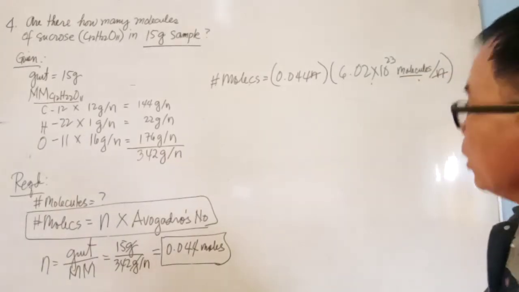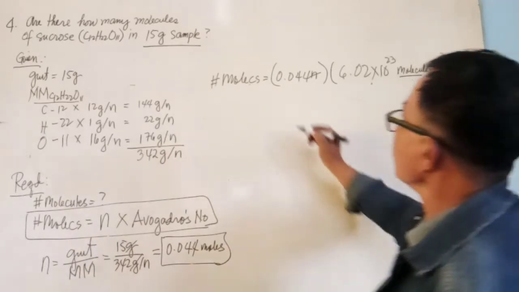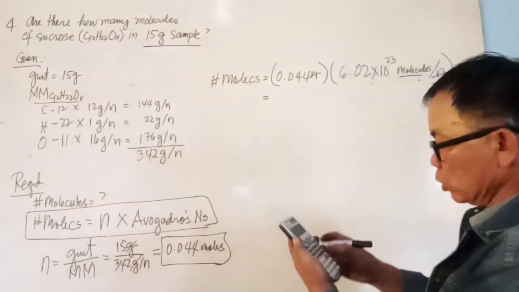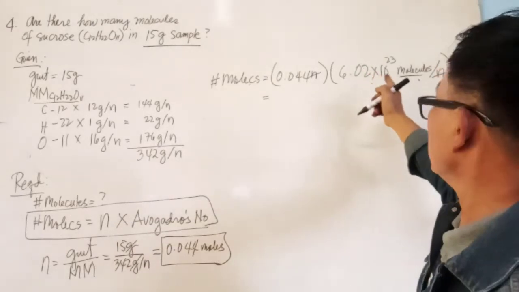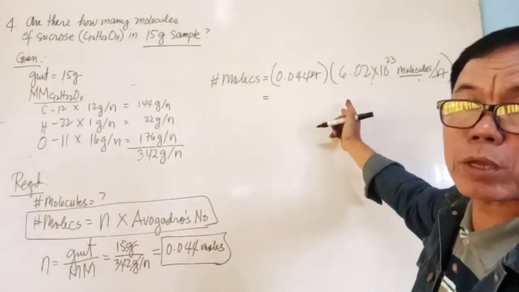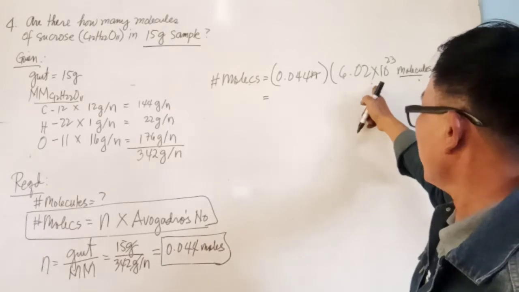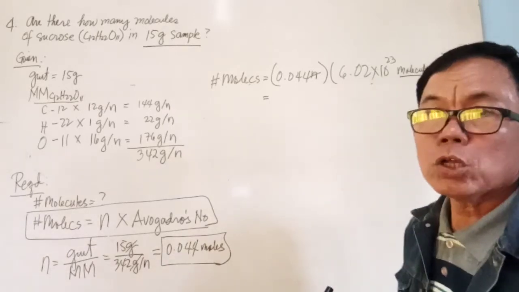So simply, what we are going to do with that now, you have to compute in your scientific calculator. Take note, you cannot use an ordinary calculator here because it will not accommodate the value 6.02 times 10 to the 23rd.